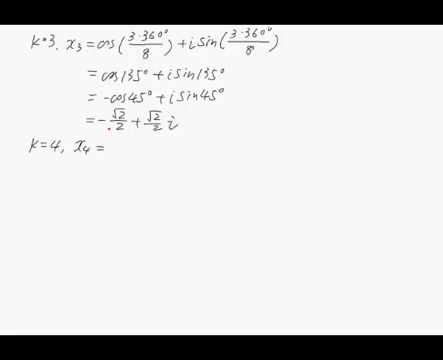So this is equal to cosine of 4 times 360 degrees over 8, plus i times sine of 4 times 360 degrees over 8, and this argument is just equal to 180 degrees.